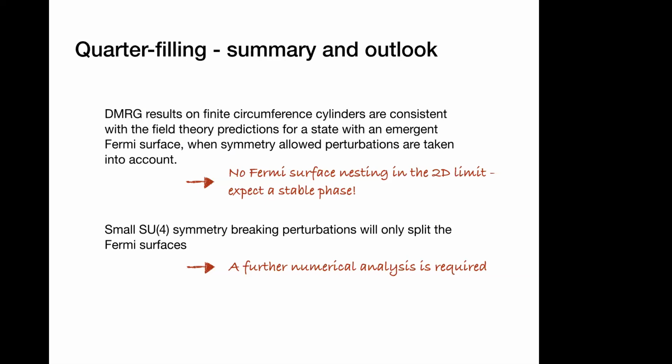Now, in the limit, there is no Fermi surface nesting, so we expect this phase to be stable and remain gapless. Of course, if we wanted to include SU(4) symmetry breaking perturbations, we would expect that small perturbations would only deform the Fermi surfaces, but of course, more detailed and further numerical analysis is required to establish that.